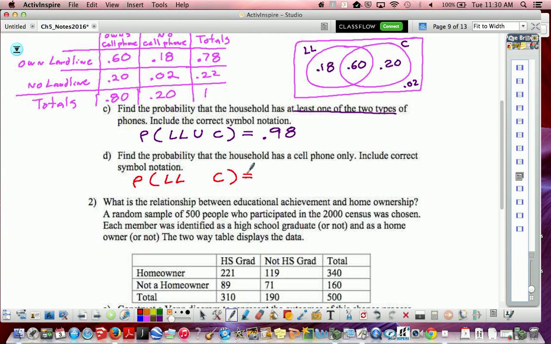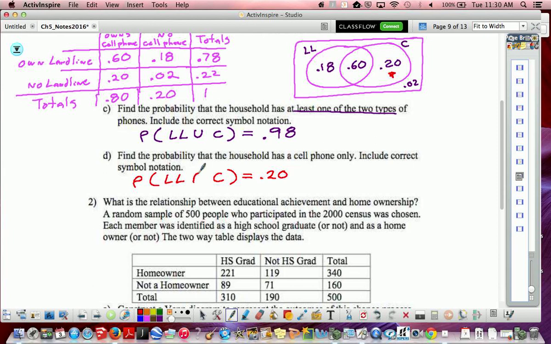If you only have a cell phone, where is that located up here on my Venn diagram? Okay. So it's just 0.20. But how do I represent that symbolically? What would I first have to put in between here? Is it an and or an or?